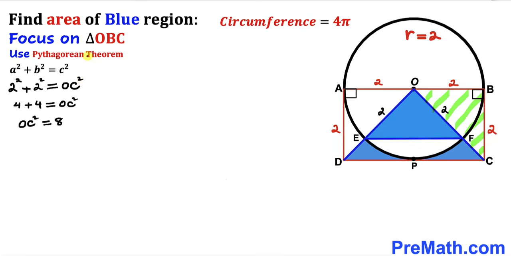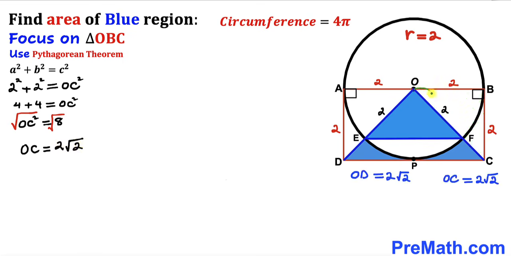I'm going to undo this square by taking the square root on both sides. So this OC length turns out to be 2 times square root of 2 units, and likewise this other side OD is going to be 2 times square root of 2 as well.